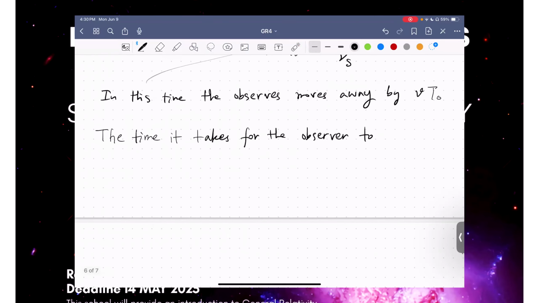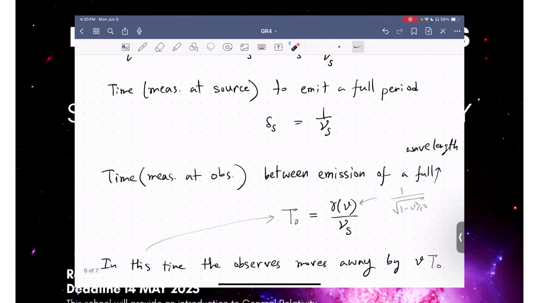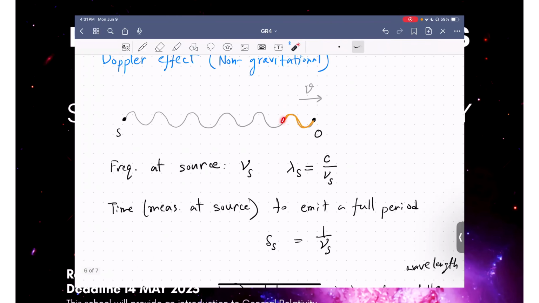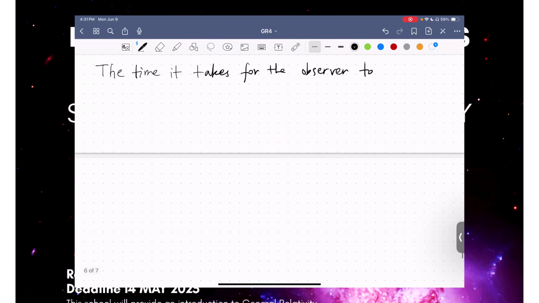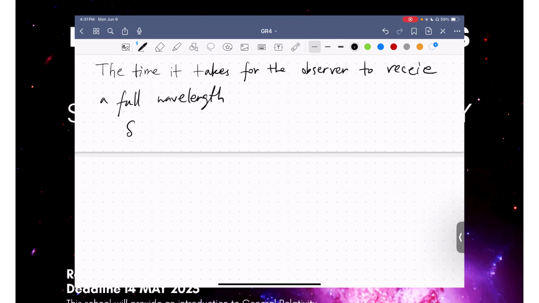So the total time the light has to travel to go from one wavefront to the next wavefront is now delta O. It's going to be T0 plus.